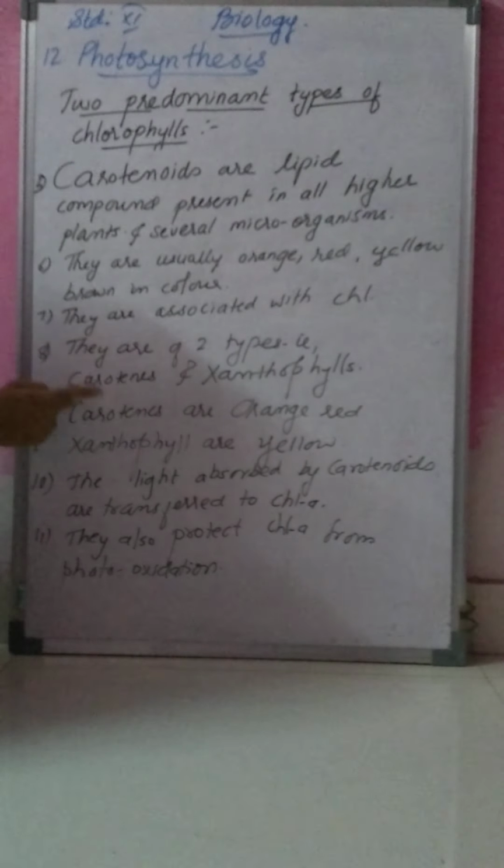Carotenes are orange red in color, whereas xanthophylls are yellow in color.